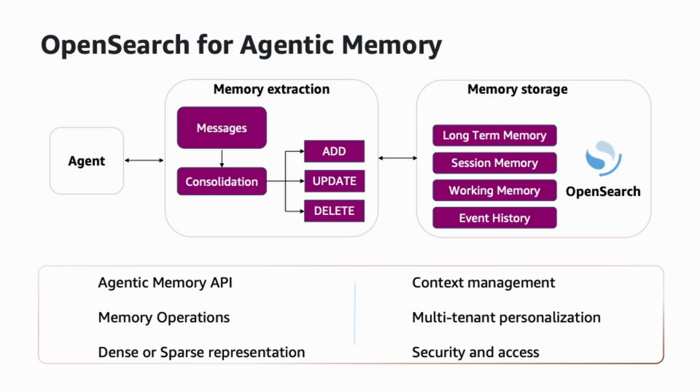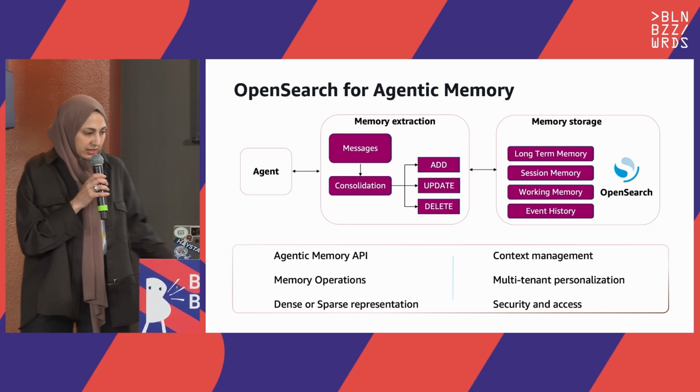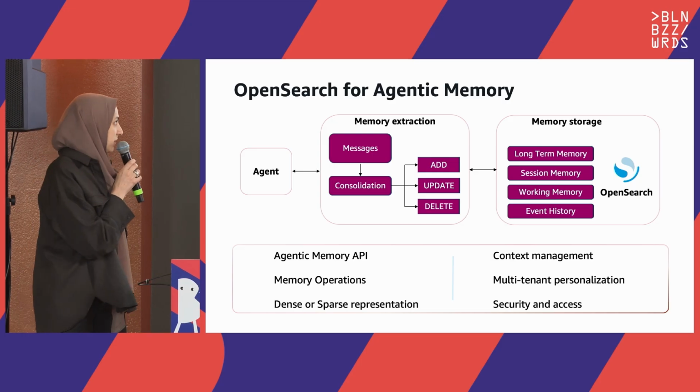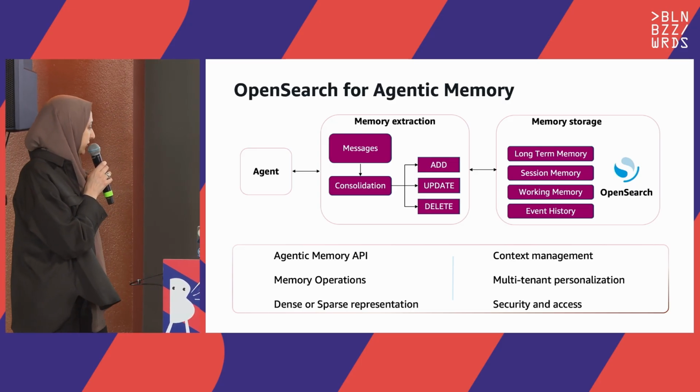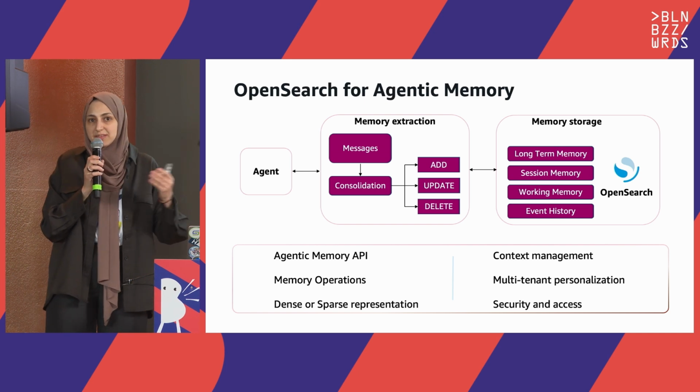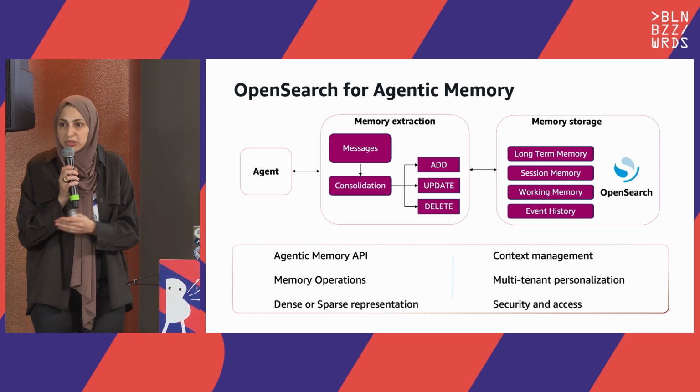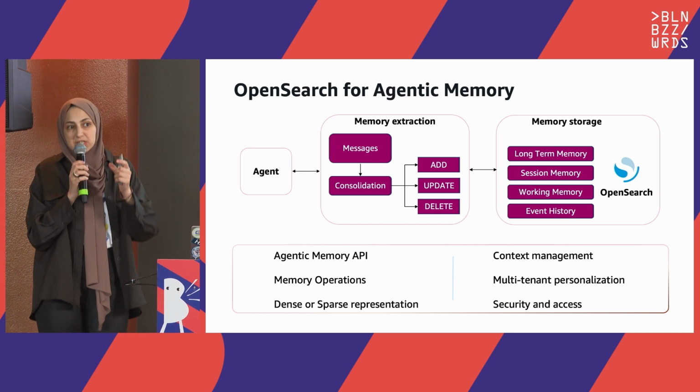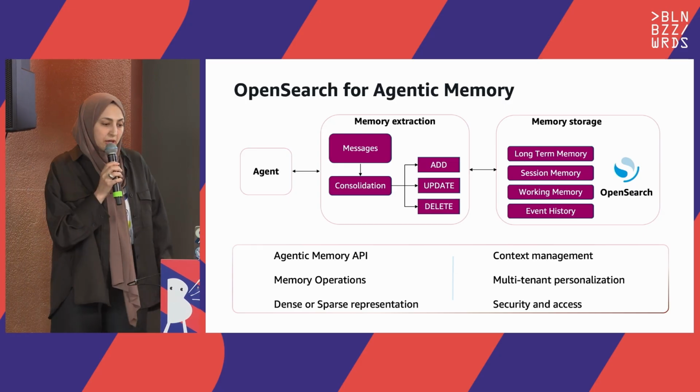OpenSearch already published native agentic memory APIs that the agent can leverage to interact with the memory. You can also store the data in the memory in text format or dense format for vector search and retrieve the context in a semantic way.